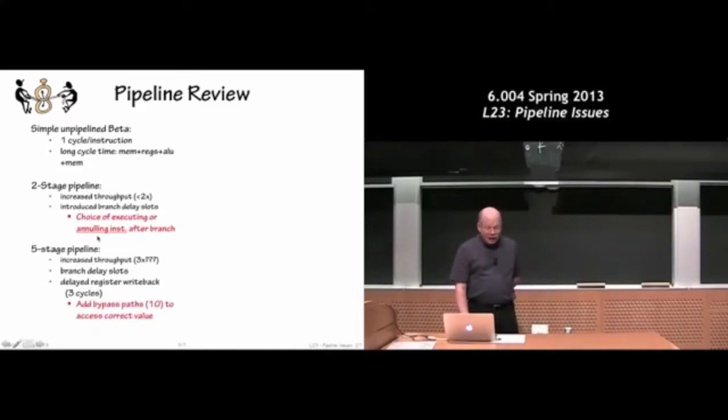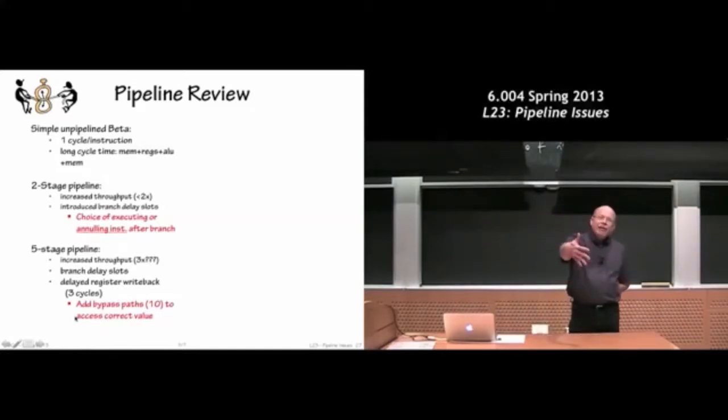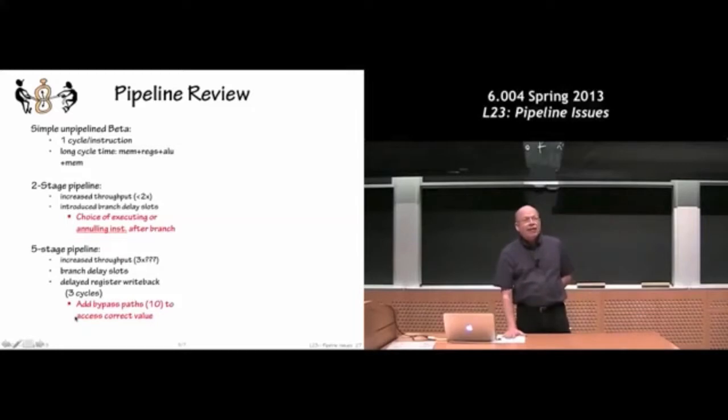Well, then we gilded the lily and went all the way to a 5-stage pipeline. And we had to add all these bypass paths because now the write back to the register file happens cycles later, as the instruction has to progress all the way down to the last pipeline stage before the register file actually gets updated.